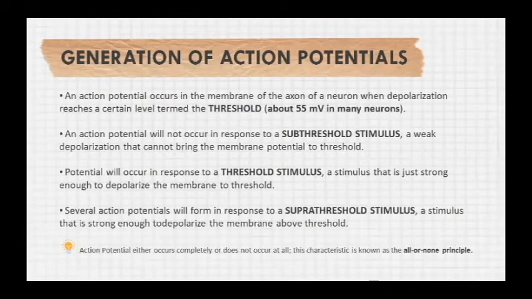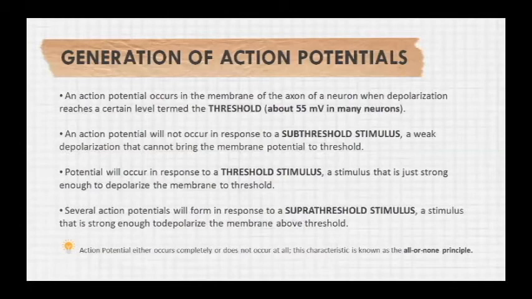An action potential will occur in response to a threshold stimulus, a stimulus that is just strong enough to depolarize the membrane to threshold. Because when we reach the threshold stimulus, we are able to generate an action potential, since it is strong enough to depolarize the membrane. To produce an action potential, we should depolarize the resting membrane potential, meaning make it less negative.